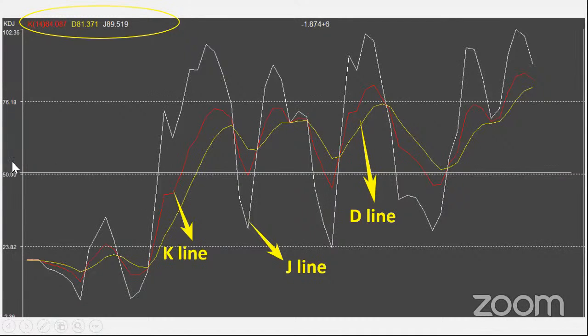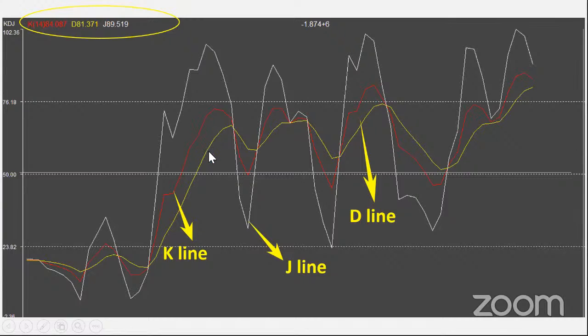And can you see 50 is here, right? So if K and D are below 50, it means the price is in the weak area. Upward momentum is not that strong, it's weaker. And it's not price, it's K and D. The red line and the yellow line mean K and D, right?